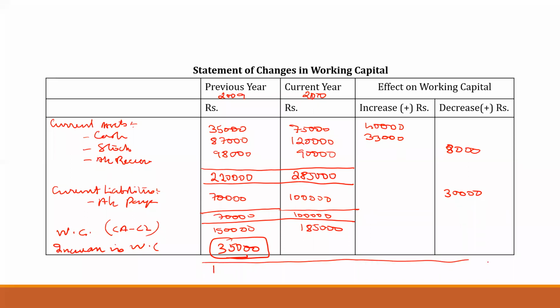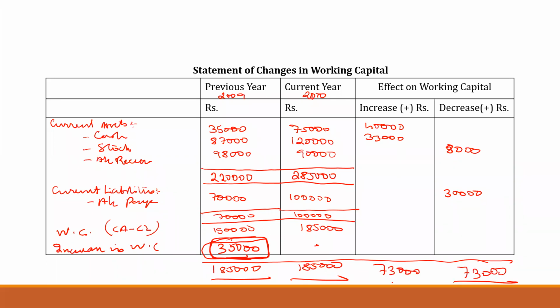There is another last column where you write 1,85,000 as the balance. Now in this column, what is the total? 40 plus 33 plus 30 is 73,000.